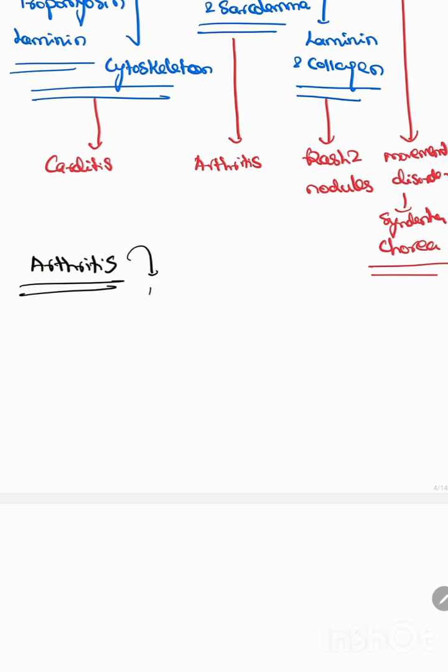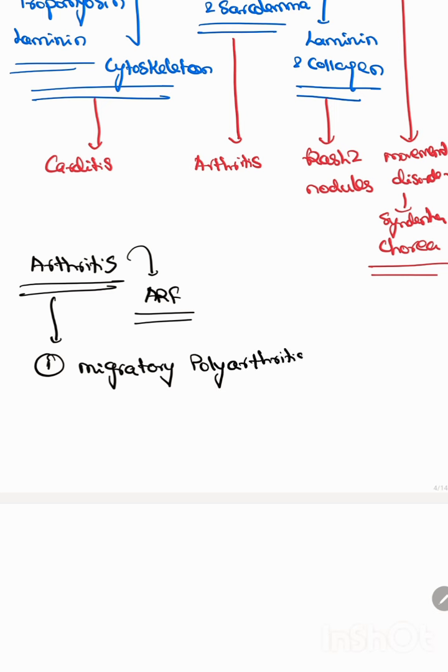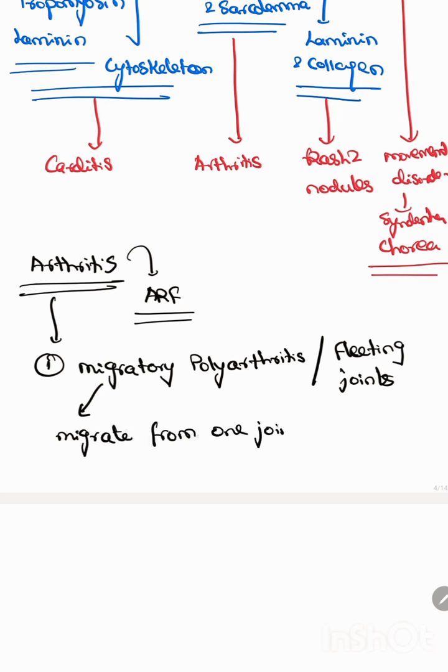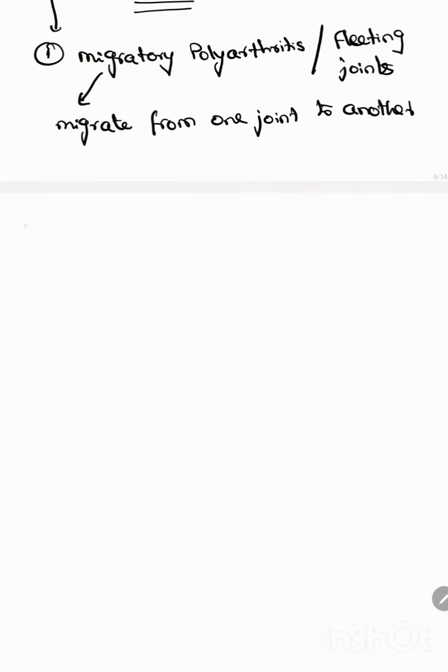So, the classical description of acute rheumatic fever arthritis: first point, it is a migratory polyarthritis, also called fleeting joint. What does it mean? It will migrate from one joint to another joint. Second, it is a non-additive type of arthritis.